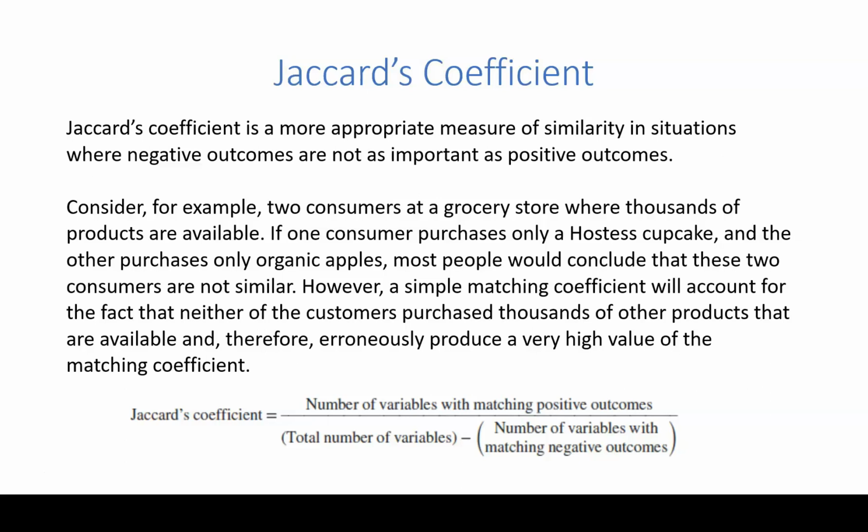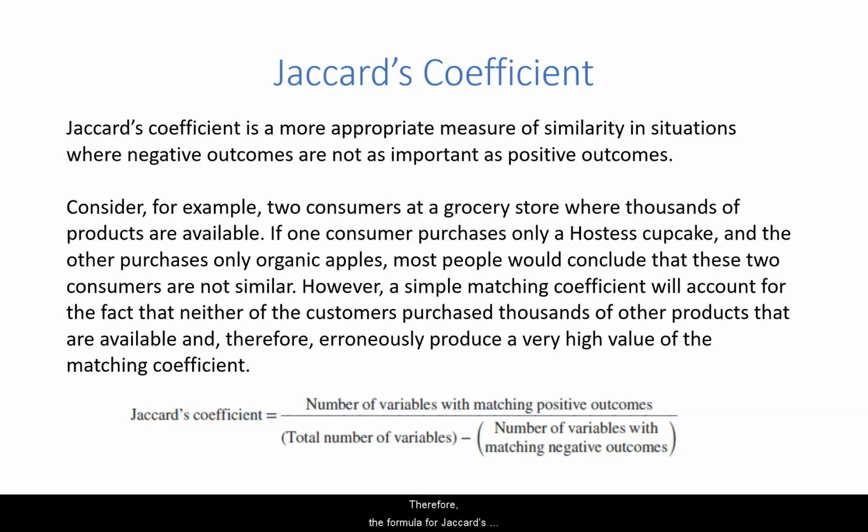However, a simple matching coefficient will account for the fact that neither of the customers purchased the thousands of other products that are available, and therefore erroneously produce a very high value of the matching coefficient. In this example, the fact that neither customer purchased the thousands of other products did not make them more similar, but the matching coefficient would tell you otherwise.